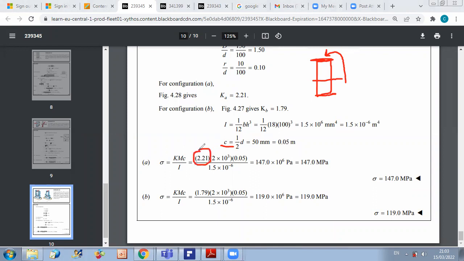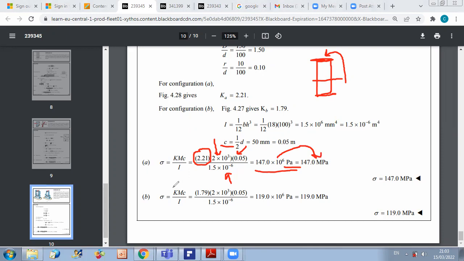For geometry A, we have found that it's equal to 2.2 approximately, or 2.21 here. And then you just replace the bending moment value given. It's 2 kilonewton meter. I convert to Newton meter in order to get sigma in Pascal. I use C in meter and I in meter 4. Then I get sigma in Pascal. And because I have times 10 to the 6 Pascal, I can convert it to megapascal.